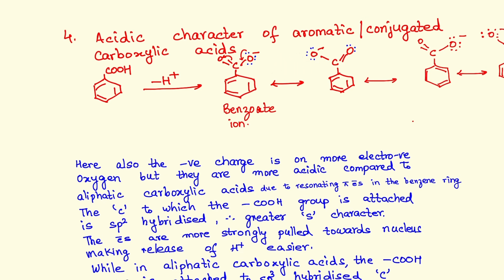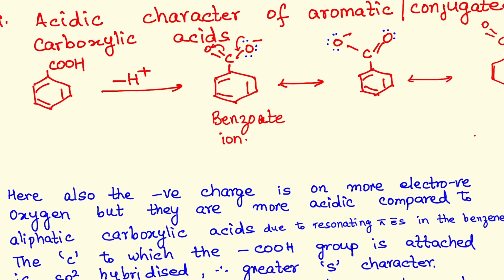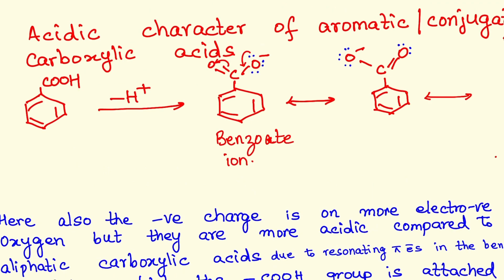Also notice the carbon to which the C double bond O negative group is attached. This carbon is having a double bond. That means it is an sp2 hybridized carbon. Whereas if I am talking about an aliphatic group over here, so instead of the R, let me put a CH2 and there is a CH3 along with this.